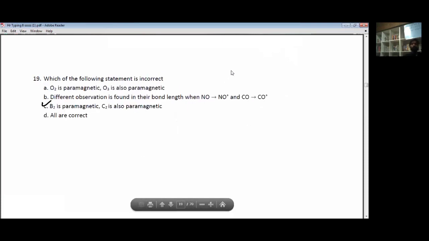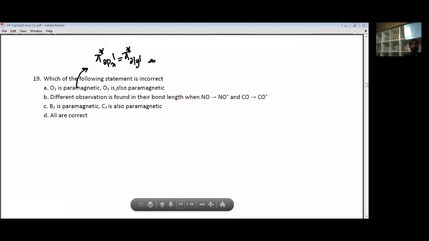Our next question: which of the following statements is incorrect? O2 is paramagnetic, O3 is also paramagnetic. We know that O2 is paramagnetic because there is pi star 2px1 equal to pi star 2py1.